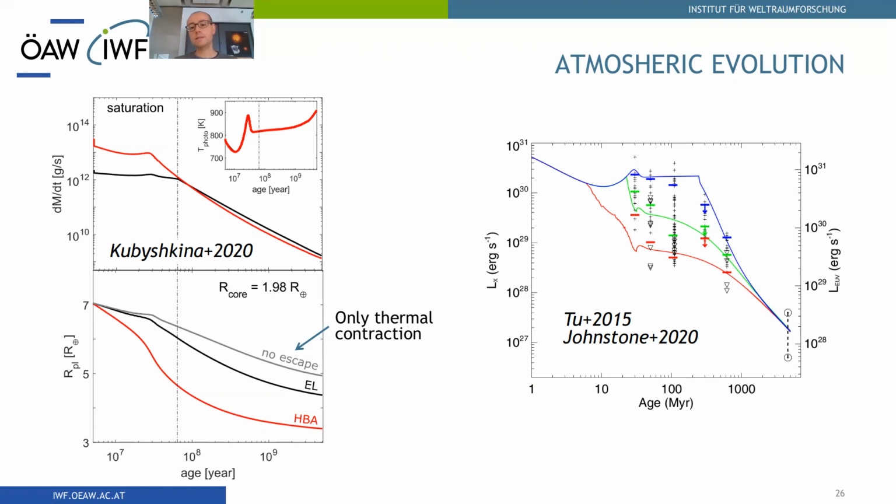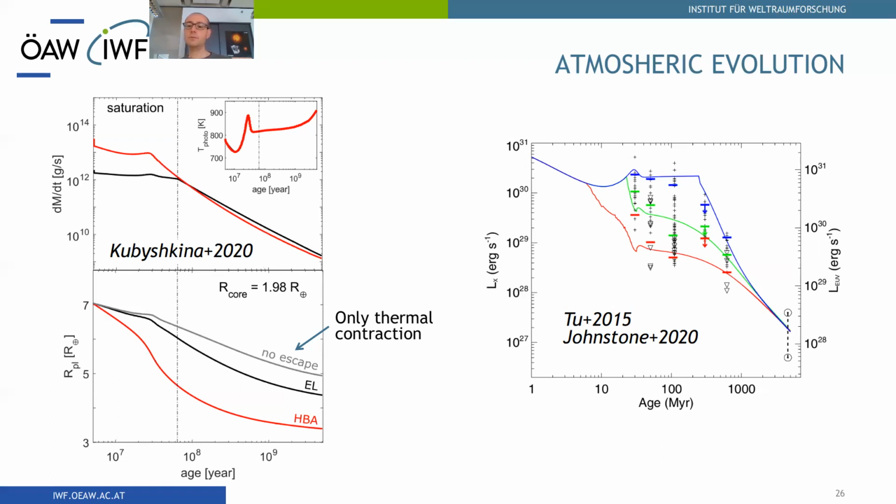And the plot on the right-hand side shows how the X-ray emission and the EUV emission of the star decrease with time for a sun-like star. What this plot highlights is also the fact that between 10 million years and 1 gigayear, if one takes a star, one cannot actually know directly which high energy emission this star has, because stars are born with different rotation rates, and different rotation rates imply different high energy emissions.